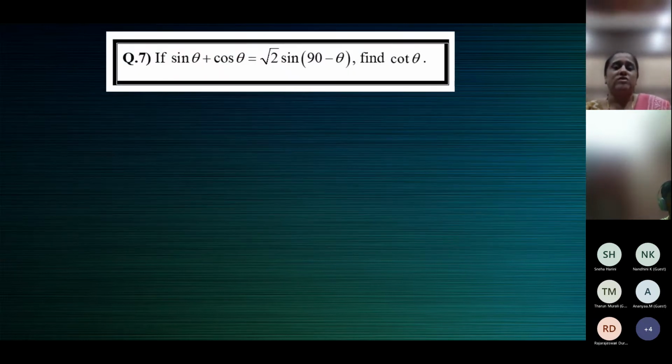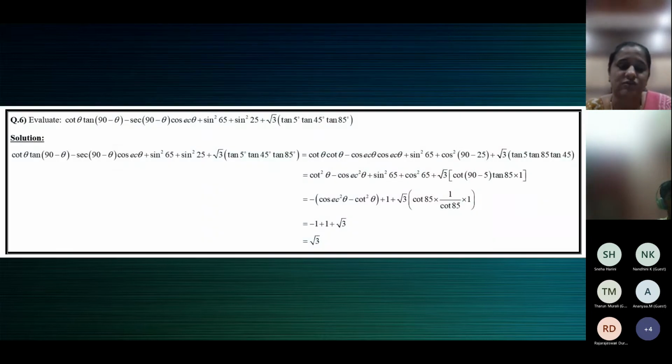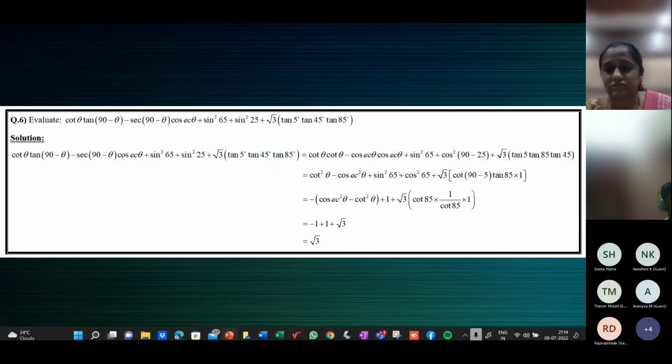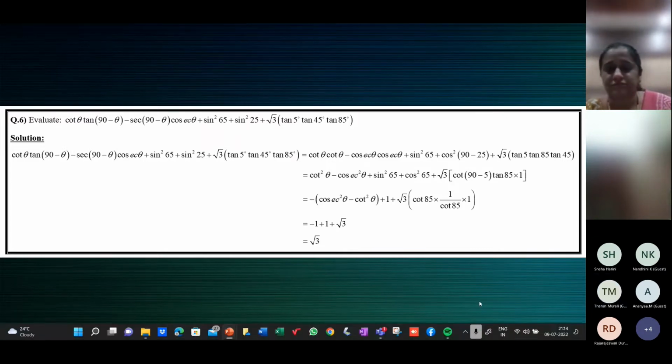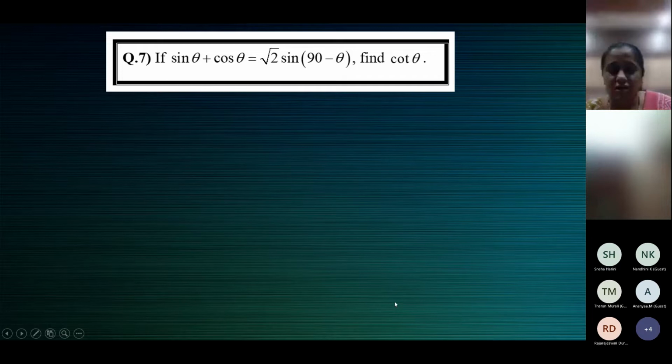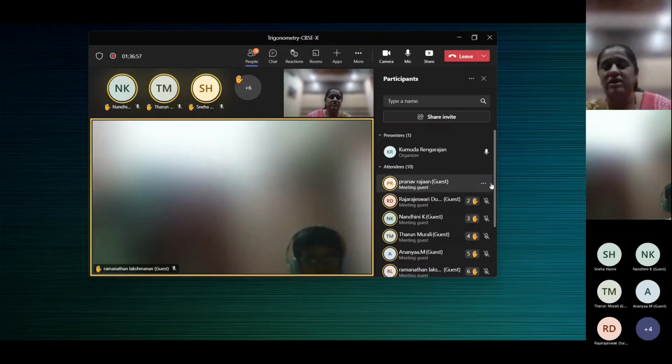If you finish working this, right? Say yes. Yes, ma'am, or no? Yeah, thank you. Yes. All right, children. The next one. If sine theta plus cos theta... Lower your hands, class.